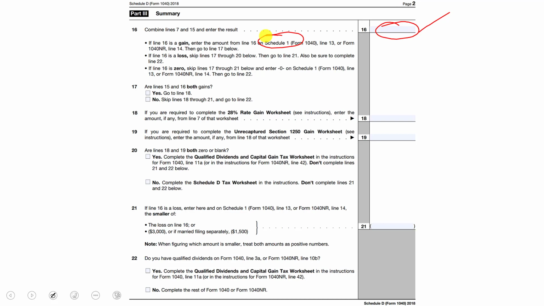Now keep in mind that capital gains can be taxed at different rates. For example, we learned that the 28% rate applies to collectible gains, and the maximum 25% applies to unrecaptured Section 1250 gains.